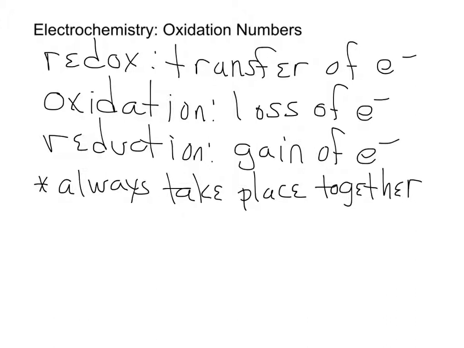Now, since we have two kind of opposite terms, oxidation and reduction, you need a way to remember the difference between oxidation and reduction. "LEO says GER" I hate it. I've hated it since 10th grade chemistry. What I like, especially since we're living in Oklahoma, is OIL RIG.